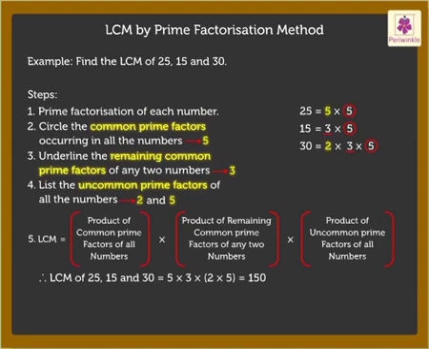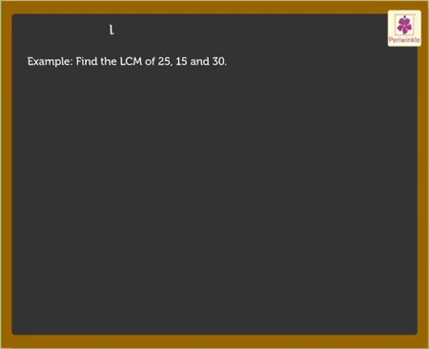Now, let us see how to find the LCM by the common division method. Let us find the LCM of the same numbers, that is 25, 15 and 30 by this method.